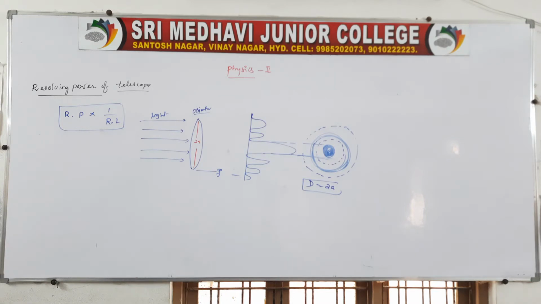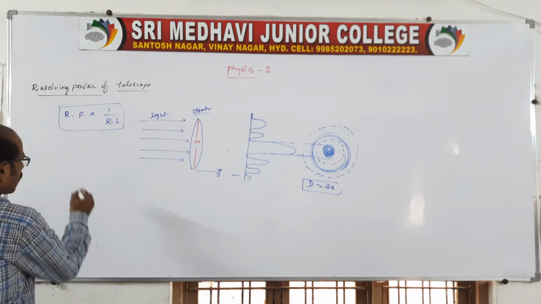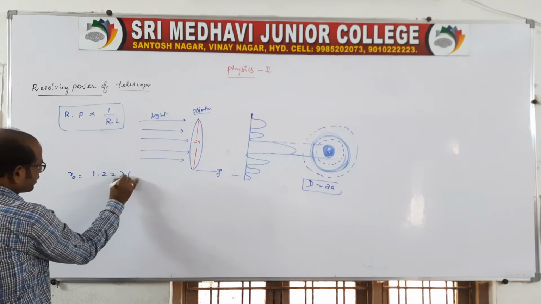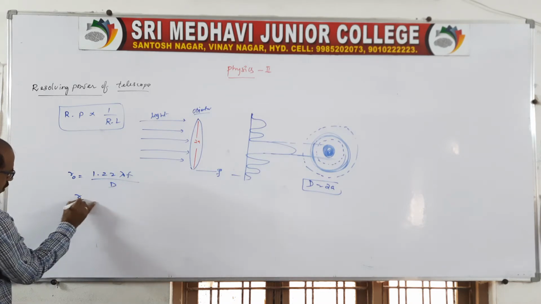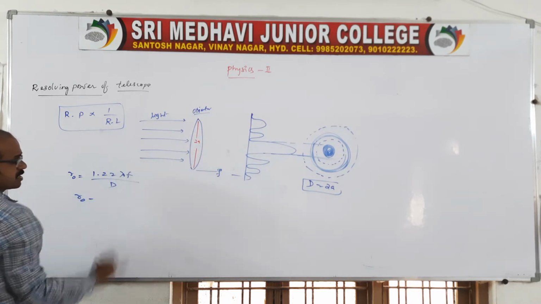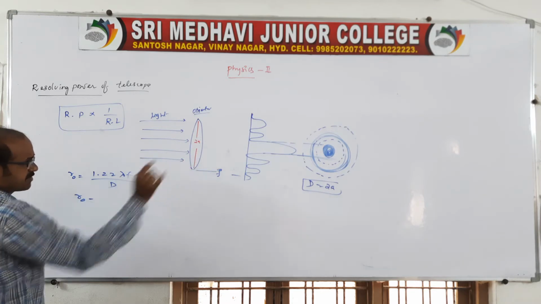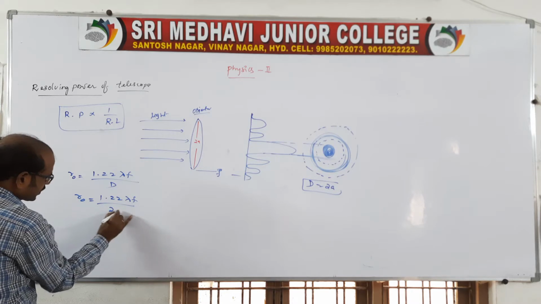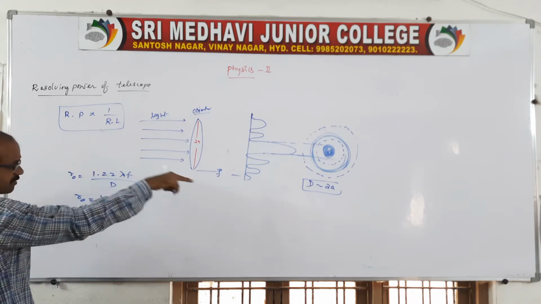See, on this basis, let us know about R naught. R naught is nothing but a radius. R naught is equal to 1.22 lambda f by d, the size of the diffraction pattern. We can also take d as 2a, because the diameter is 2a.